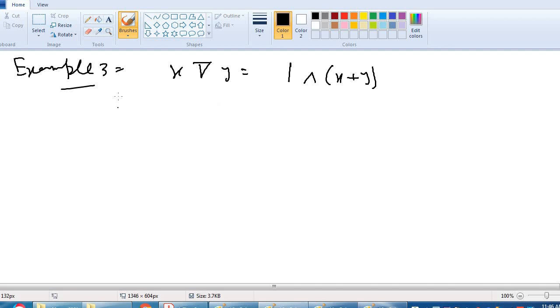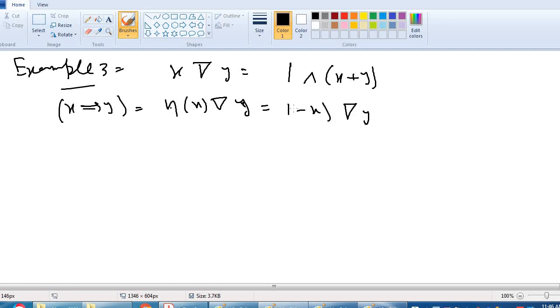Here the nabla implication is eta of x nabla y, or we can write it 1 minus x nabla y.